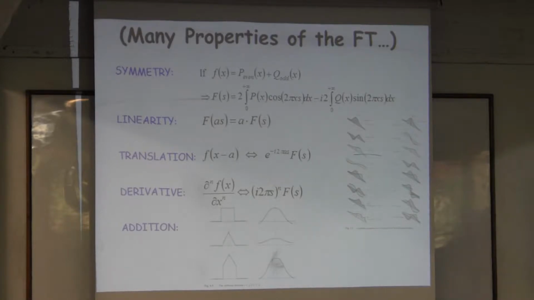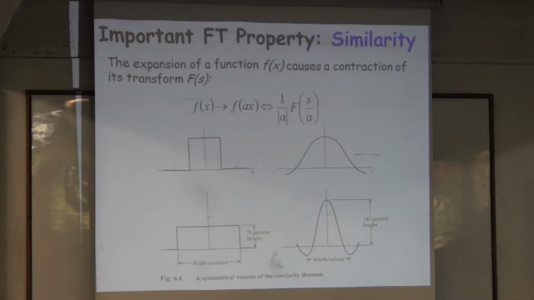But there is one property that is very relevant when we discuss telescopes. Mathematically, this property is called similarity. And what it describes is the following. We have a function f of x, and let's say this is a box function.